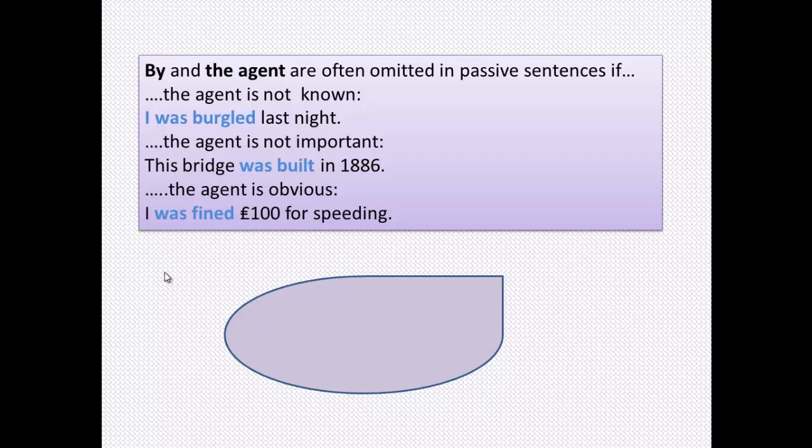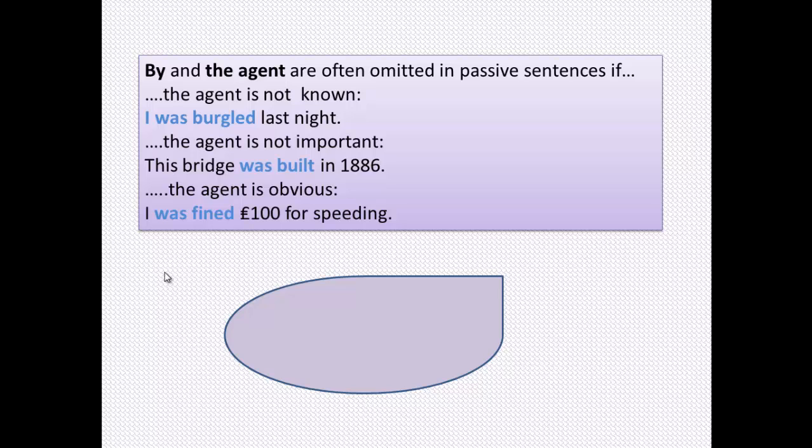So some people built this bridge in the past, but I didn't want to mention them because the agent or the agents are not important. Here I want to say something about the bridge itself, and the history of this bridge in the past.